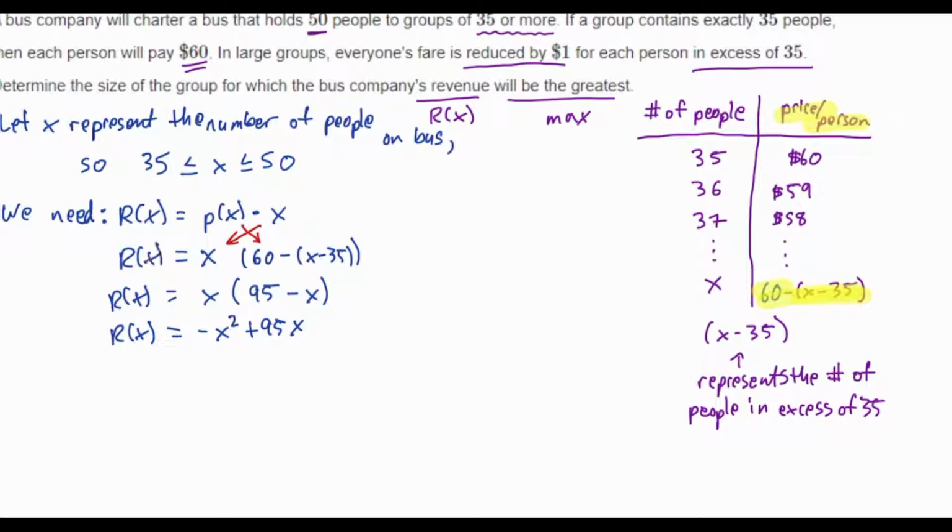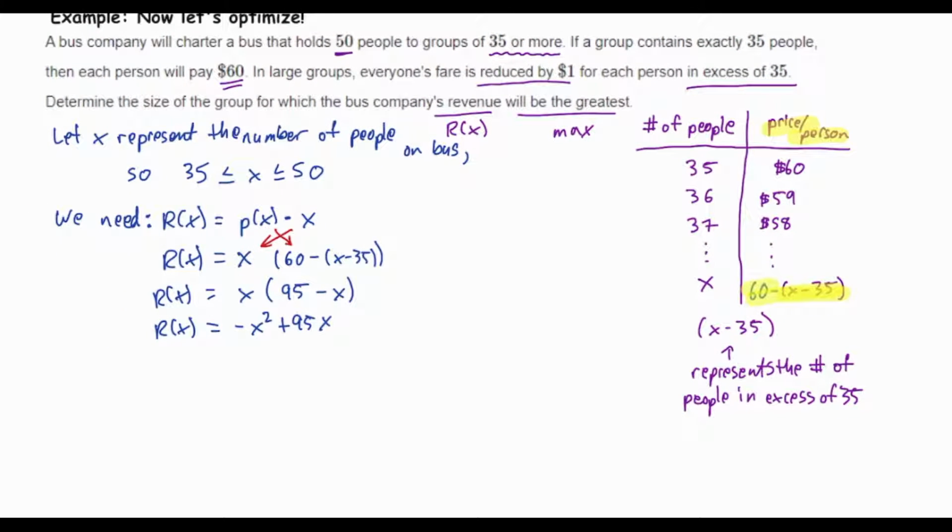Looks good. And so what? Now that I have that revenue function, what do I need to do with it? Well, I need to optimize it. I need to figure out the value of X that will grant me the largest revenue. And so I'm going to need to set my derivative equal to 0 and then test to determine if it's a maximum or a minimum. So I'm going to find my derivative.